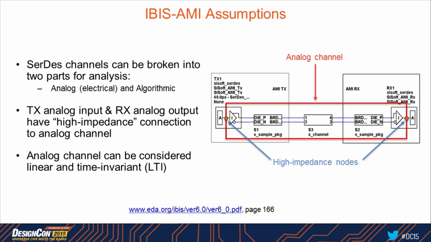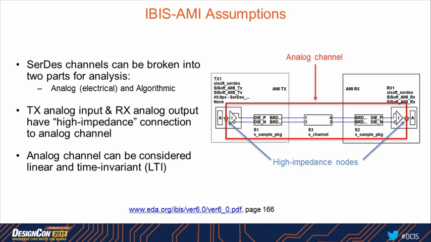In the transmitter, there's a signal conditioning function that drives an output driver that connects to the channel electrically, and the connection between signal processing and the channel occurs through a high impedance node.